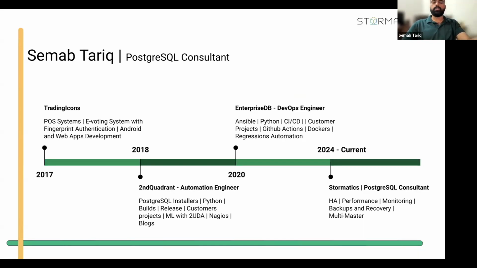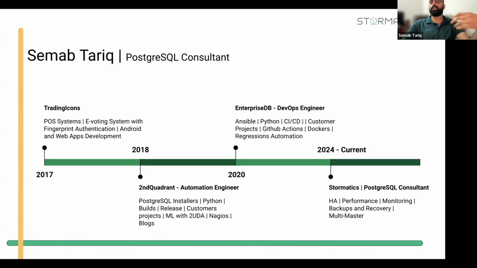After then, I joined EnterpriseDB in 2020. This is where I was again working with the Postgres community installers, releasing them and building and releasing all sorts of builds. And currently, of course, working as Postgres consultant at Stormatics.